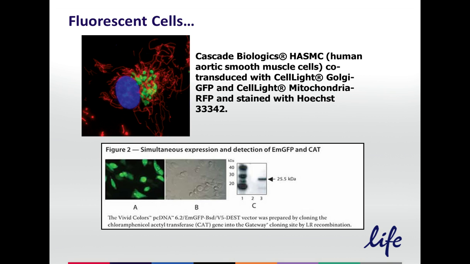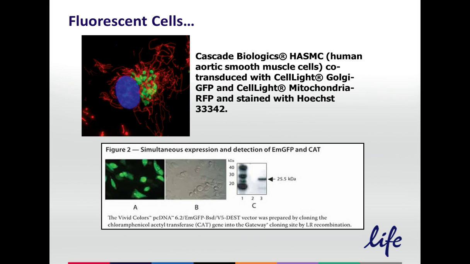Here's an example image of some cells that were labeled. We have some human aortic smooth muscle cells, for instance, that were labeled with our CellLight reagent, one for Golgi with GFP, and one for mitochondria with RFP, or red fluorescent protein, and a nucleic acid stain there in the blue, Hoechst.